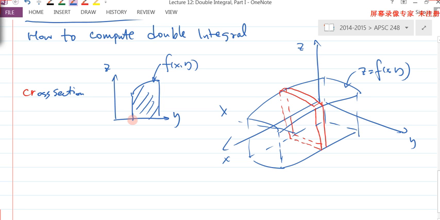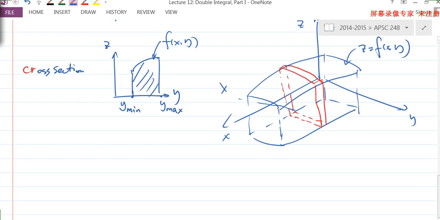And for this cross section here, what you also have is this value, which is, let's call it the min value, and this value, let me call it the max value. So for that cross section, you have a minimum y value and a maximum y value, right? So now I'm ready to do the approximation.